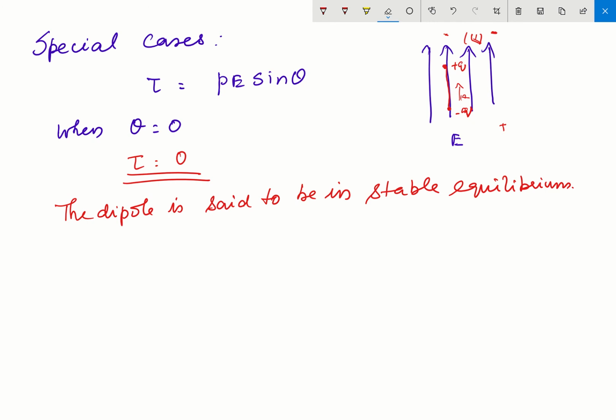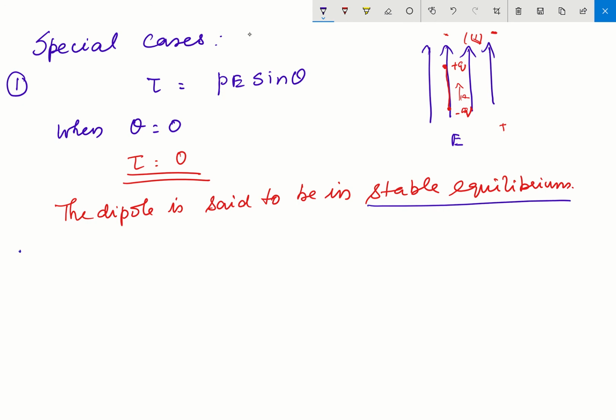No tau, no torque. So this is case 1, called stable equilibrium.